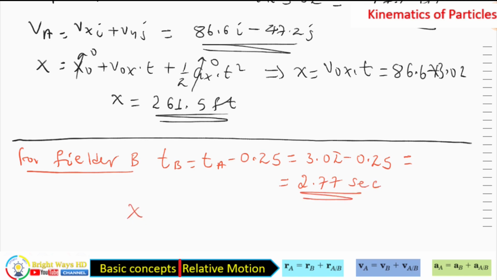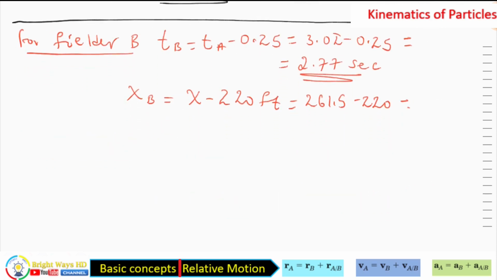And then xB is equal to x minus the initial distance of 220 feet, so it will become 261.5 minus 220, and finally xB will become 41.5 feet.